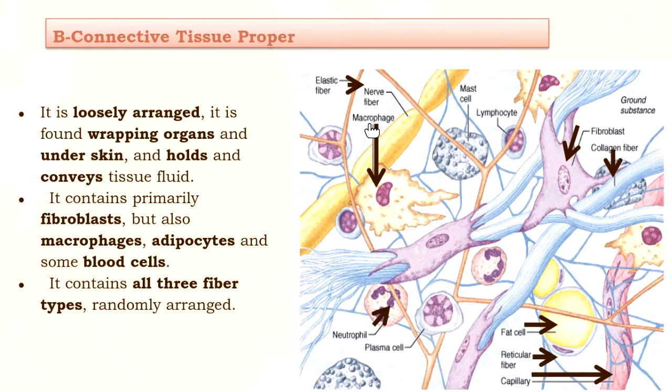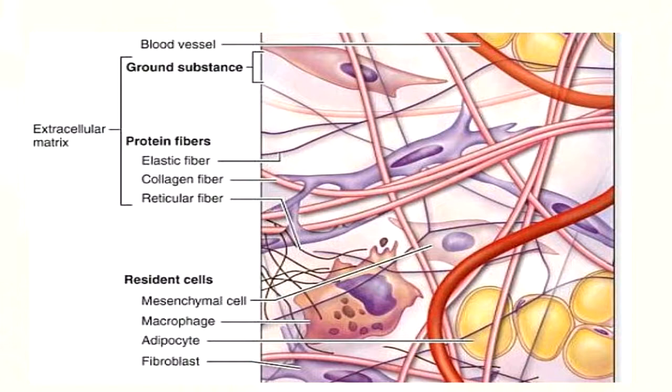Then adipocytes, these are the fat cells or adipocytes, the fat globule, and the blood cells. All others are the blood cells. It also contains three fibers randomly arranged, that is elastic fiber, reticular fiber and the collagen fiber. This is basically a pictorial presentation of the loosely arranged connective tissue showing different components of the connective tissue.